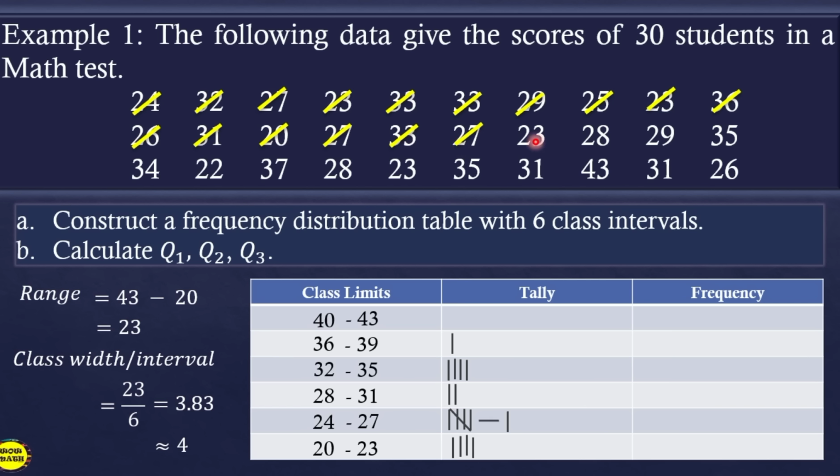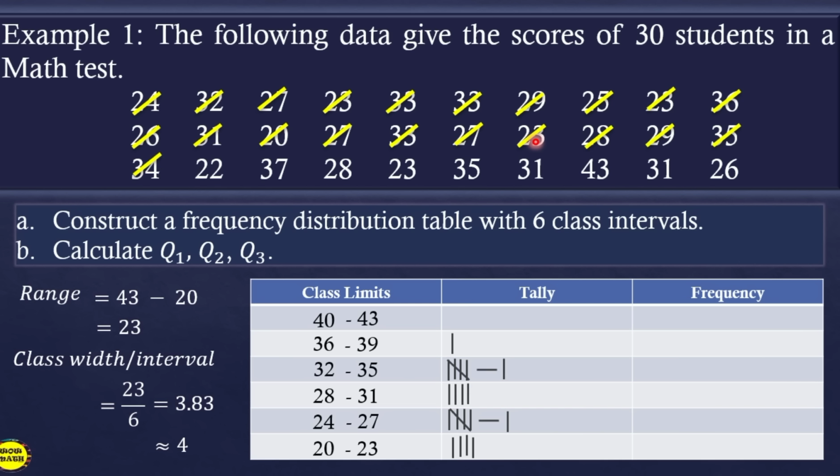Okay, next is 23, 28, 29, 35, 22, 37, 28, 23, 35, 31, 43, okay, 31, and last is 26.